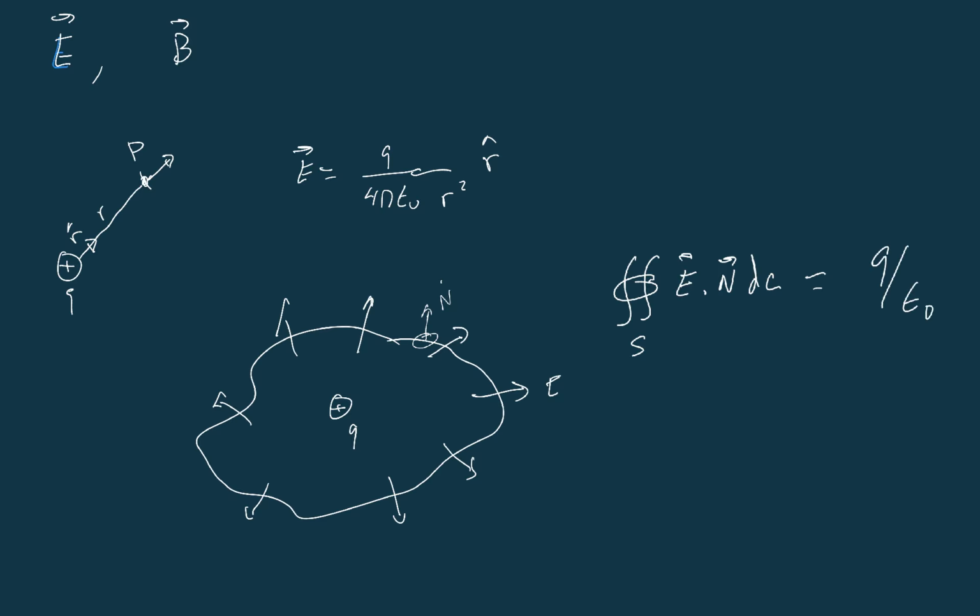So the amount of flux that comes out of the surface is related with the amount of charge that is inside the volume.